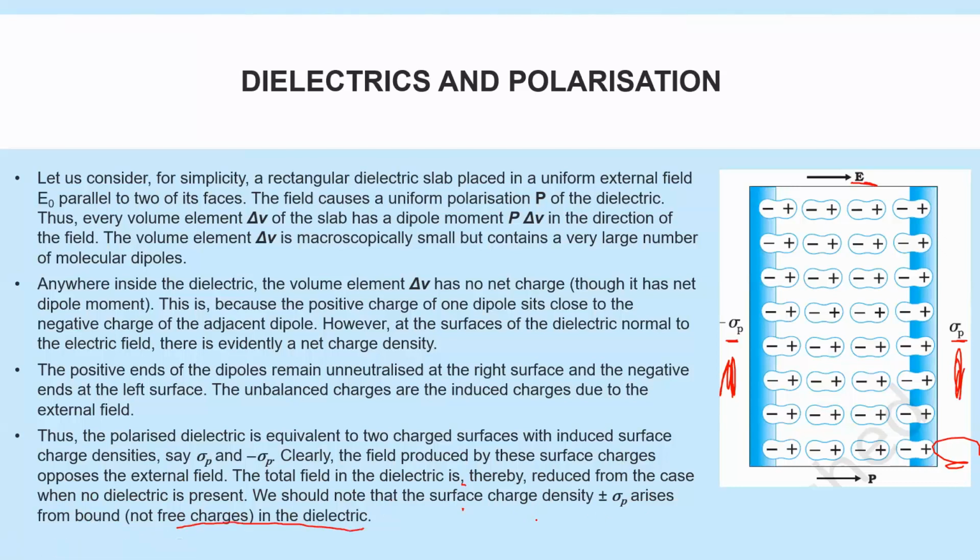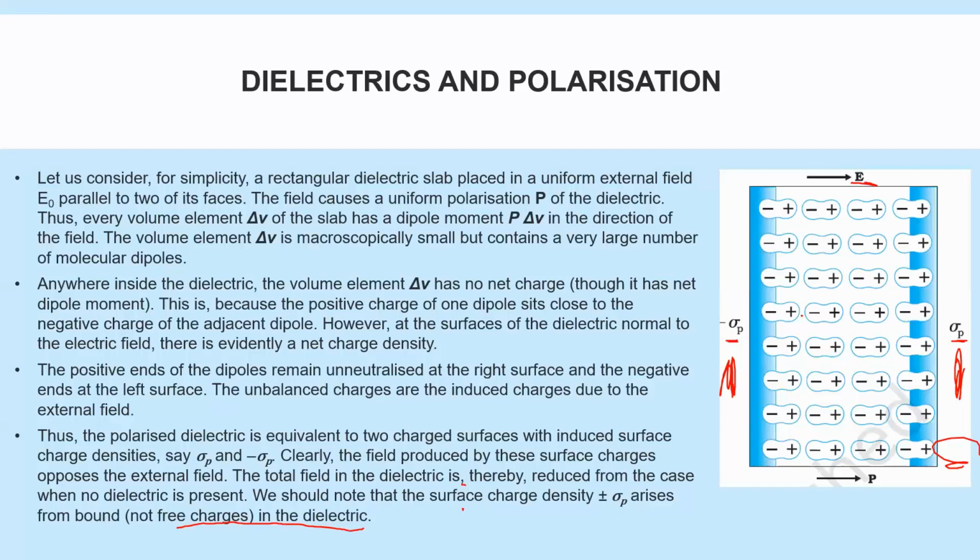As we saw in conductors, the surface charge density happens because of the movement of the charges due to placing the conductor in an external field. For dielectrics, it is due to the bounding of these charges to the surfaces. So it's not the movement, it's just the alignment of the dipoles in the dielectric. This is the difference between dielectrics and conductors.